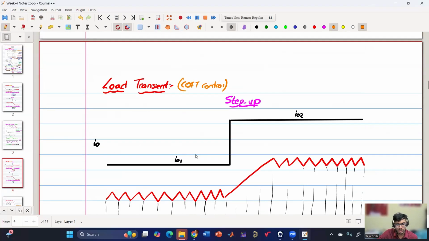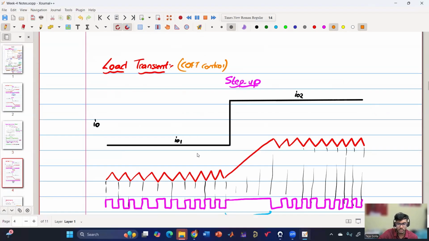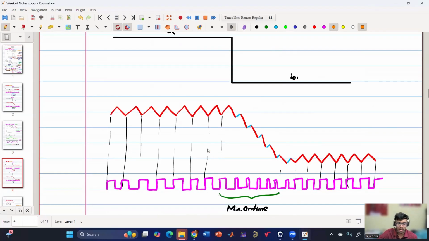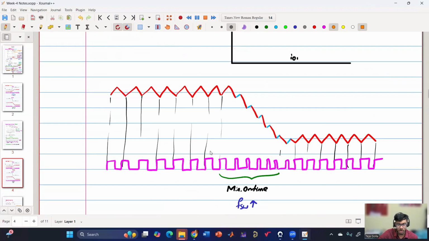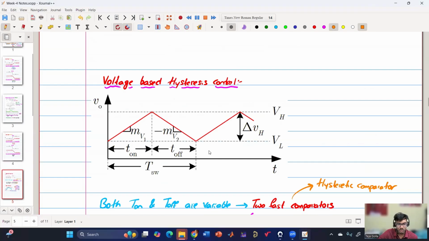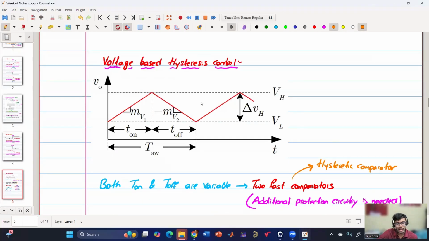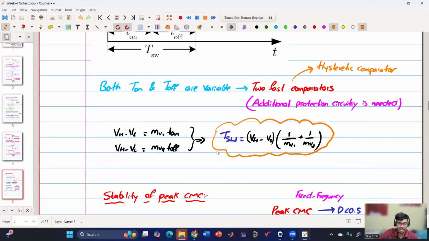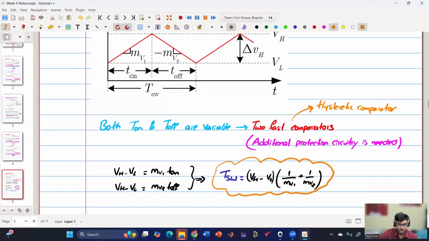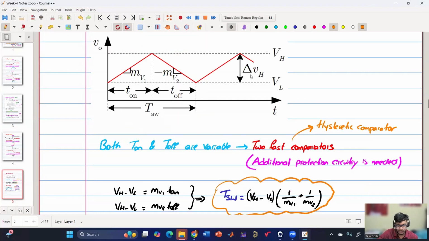And then we have also seen that constant off time control has superior step up transient response, and it suffers in step down response, which is just the exact opposite of constant on time control. Then we have also discussed the voltage based hysteresis control. Again, current based hysteresis control, we have current ripple here and then limits on upper and lower end. And we have also seen how using this diagram we can get the switching time period based on the slopes as well as the delta VH.